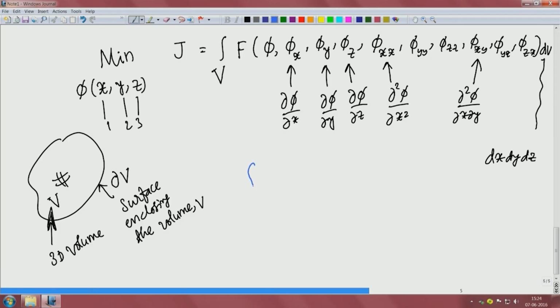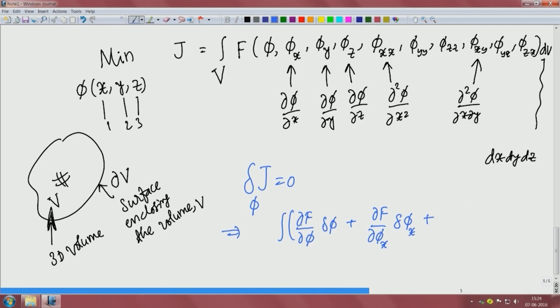First we take the variation of J with respect to the function φ equal to 0. Recalling our Gateaux variation definition, we write it as ∂f/∂φ into δφ, the variation or perturbation in φ, plus ∂f/∂φ_x into δφ_x, and then the rest of it.